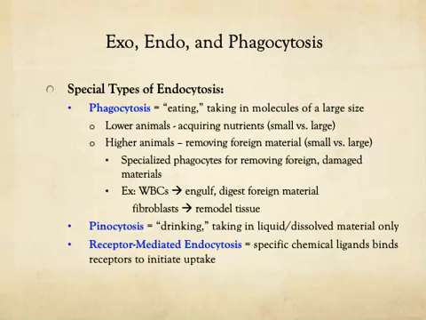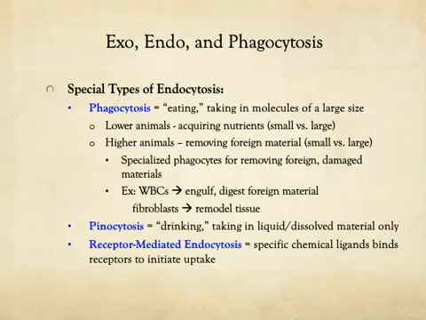The last form of specialized endocytosis that we need to be familiar with is called receptor-mediated endocytosis, or RME. And we're going to take a few minutes to talk about RME. This is a form of endocytosis that is not general.